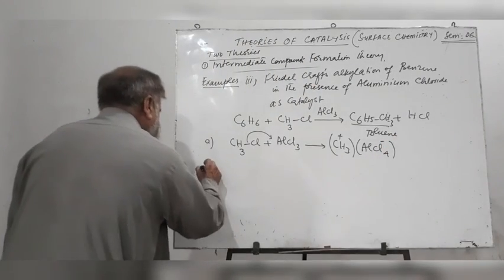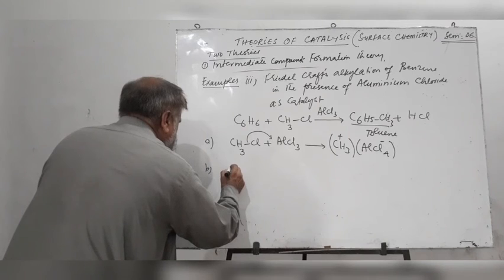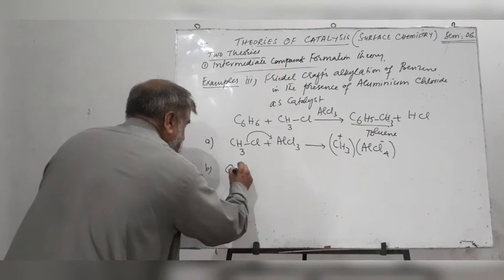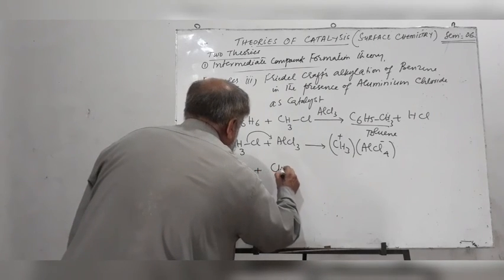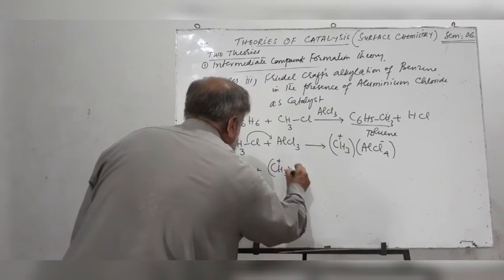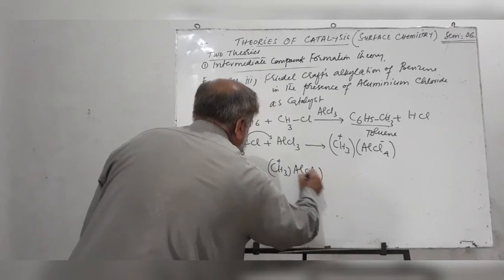In the second step, this intermediate compound reacts with benzene, C6H6 plus CH3 positive and AlCl4 negative.